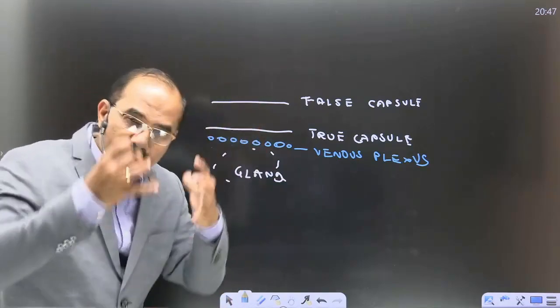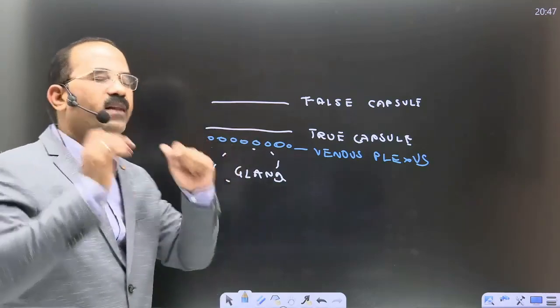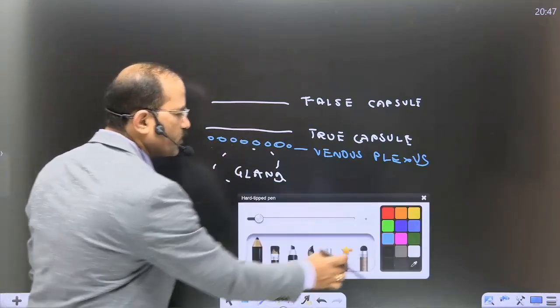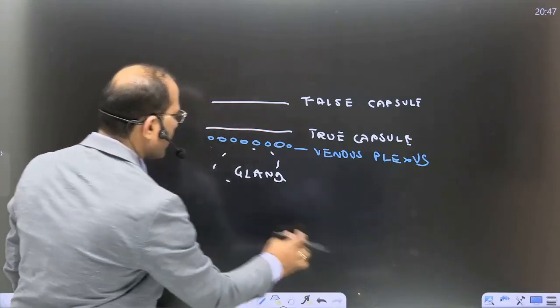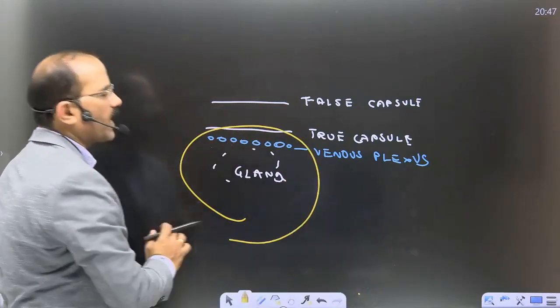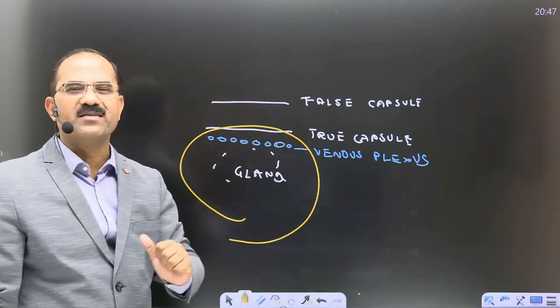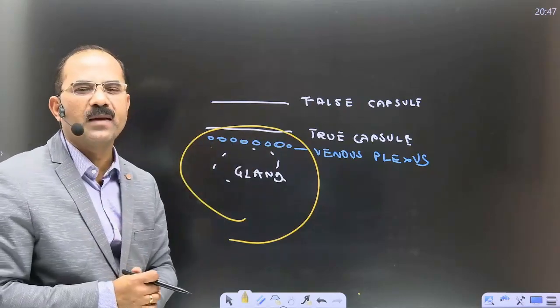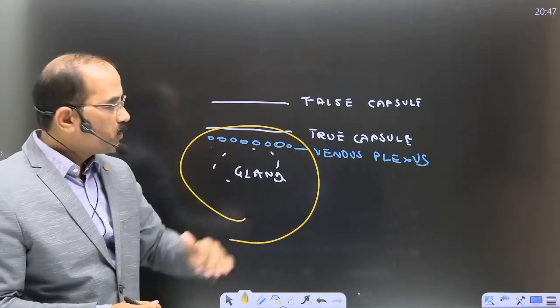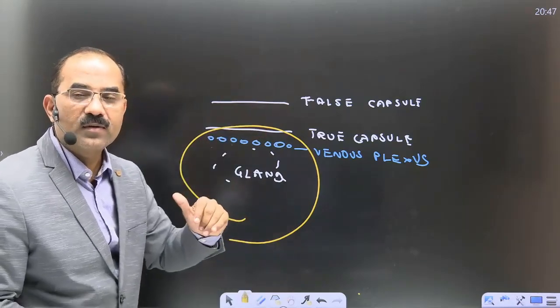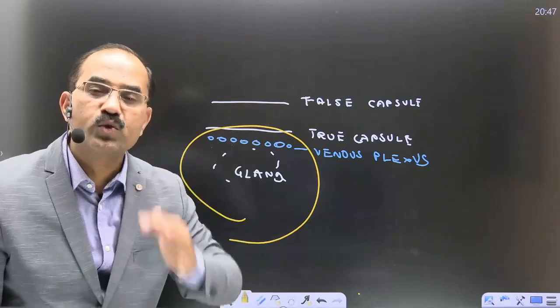When we are removing the thyroid gland, we remove the gland along with the true capsule to prevent hemorrhage from this venous plexus.